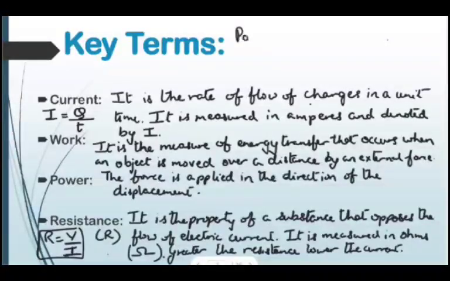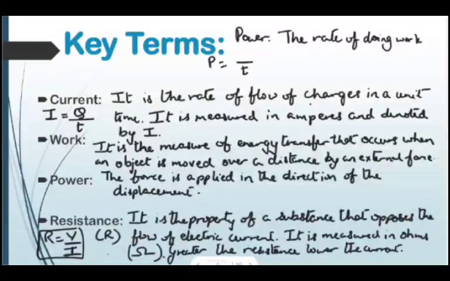Power is the rate. The word rate, children, you know there's going to be a formula, and in that formula, T is going to be down. So in the denominator, the rate of doing work, the rate of displacing something.